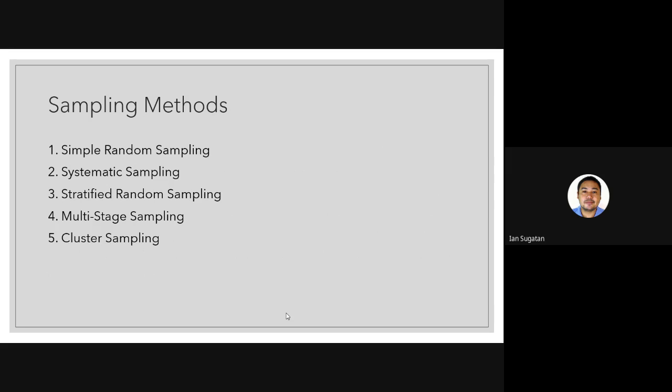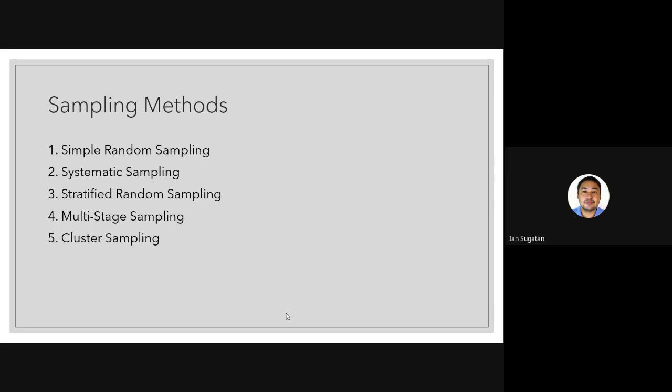For number three, stratified random sampling, this refers to the stratification of the sampling size, and it is done through a method. For example, if you draw lots from a population of 100, how are we going to do that? Regardless of the sampling method, for stratified sampling, you may consider 5, 10, 15, 20, something like that. For number four, multi-stage sampling, you are going to refer to the multi-staging of sampling methods.